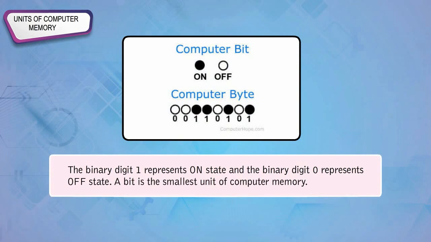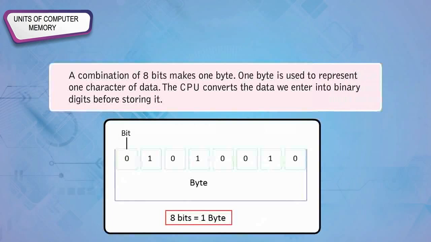A bit is the smallest unit of computer memory. A combination of 8 bits makes 1 byte. 1 byte is used to represent one character of data. The CPU converts the data we enter into binary digits before storing it.